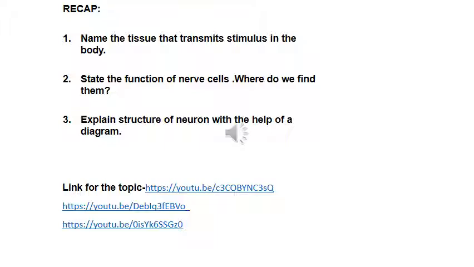Why do we sweat? Who tells us that now we should start sweating? See here, temperature change is a stimulus, and our body will respond to it by a lot of sweating. When sweating is there, it cools your body temperature. It brings your body temperature back to normal. So shivering and sweating, these two are again responses to stimuli.